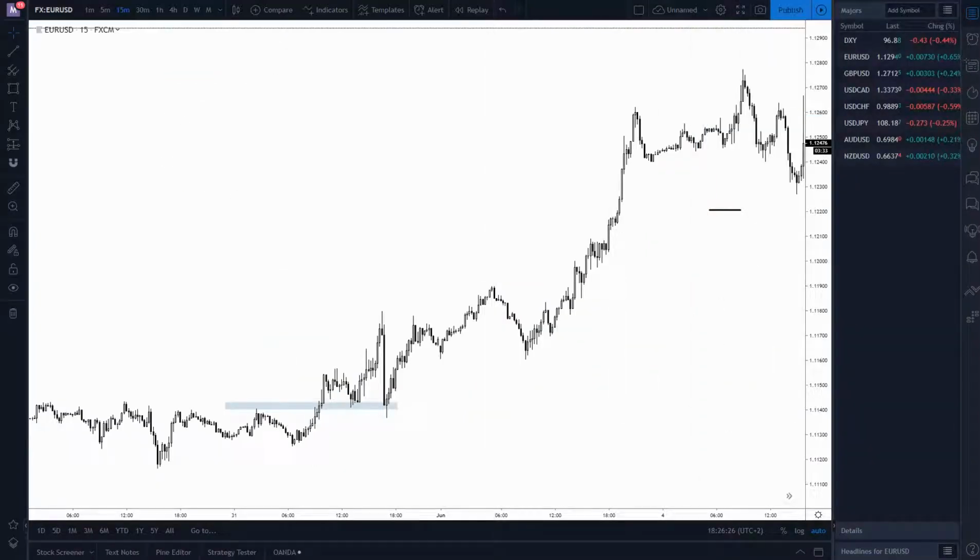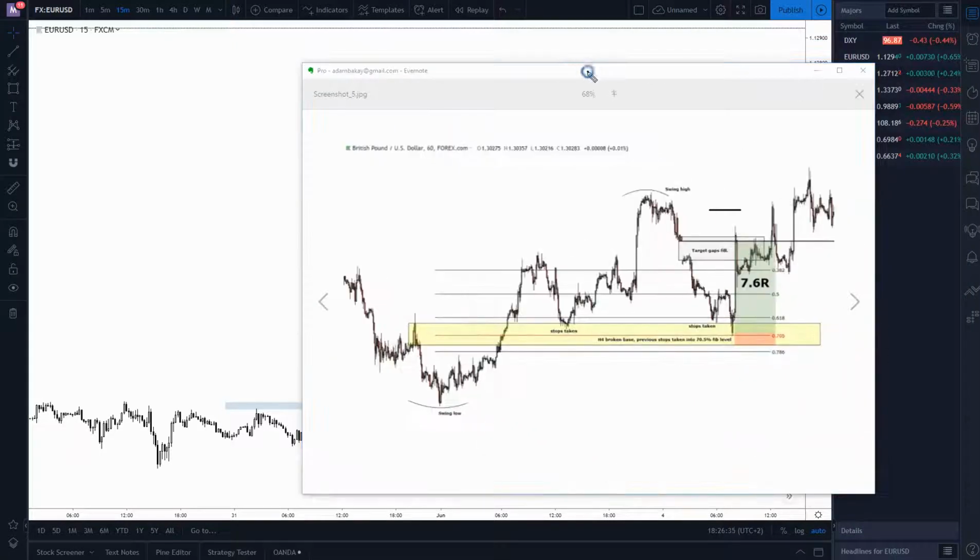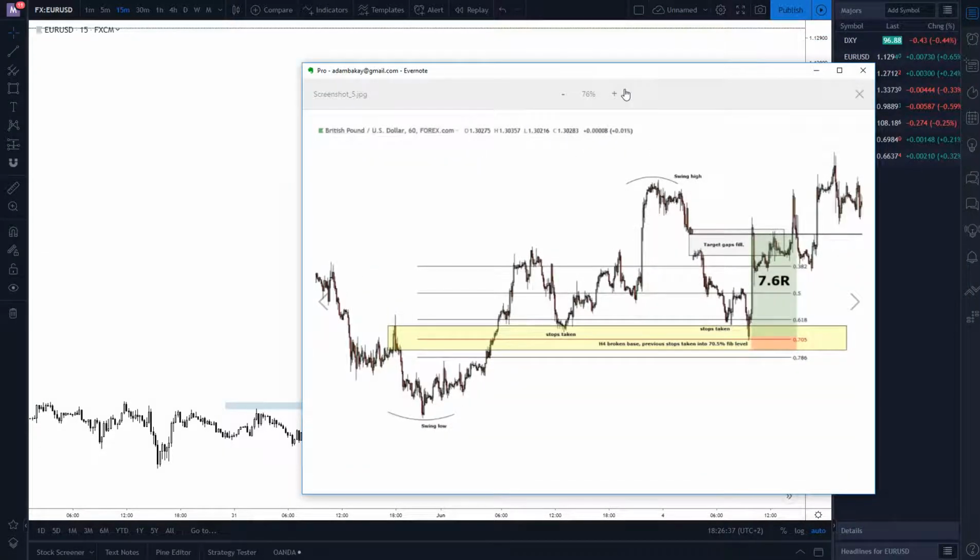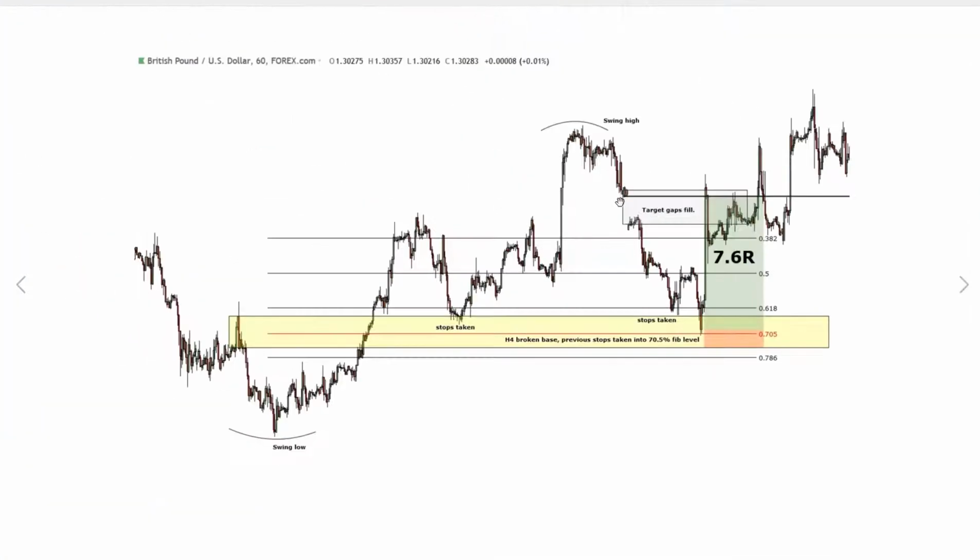In a second I will show you how this whole setup played out. Let me mark this out. This is a little bit of an advanced chart from the old academy, but you can see that we have our gap right here.